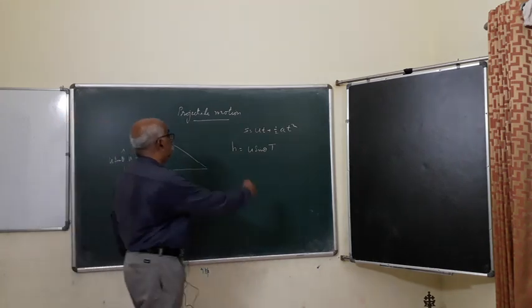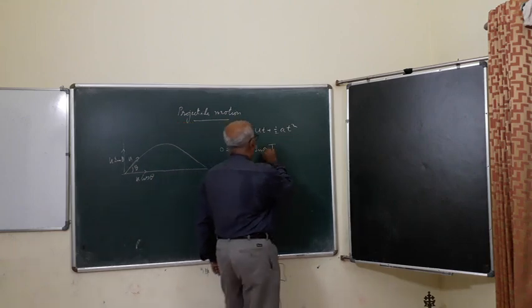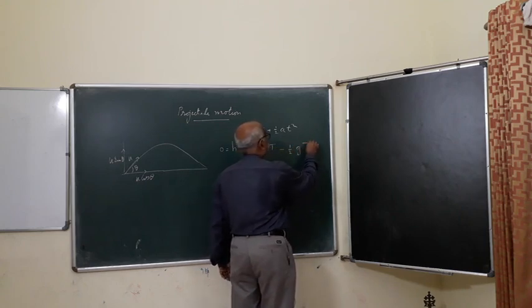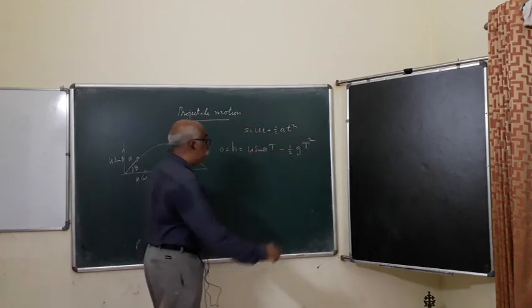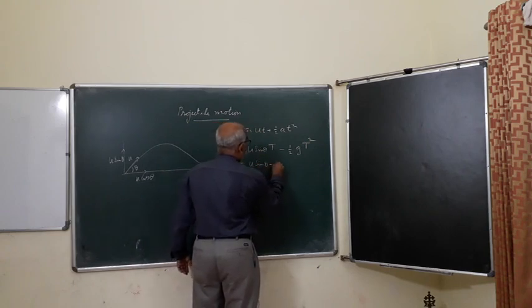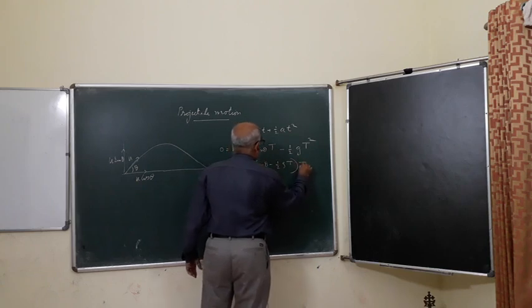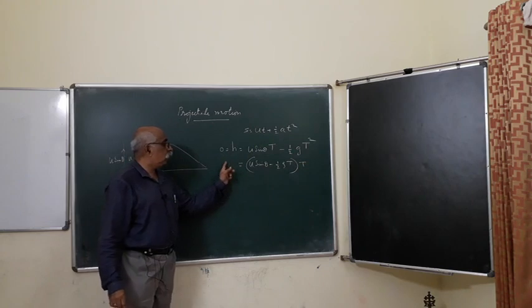In this time, h will be equal to 0. So 0 equals u sin theta into t minus half g t square. You can take t as a common factor: u sin theta minus half gt, multiplied by t, is equal to 0.